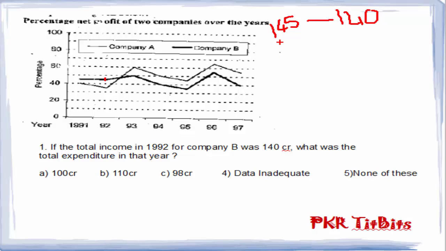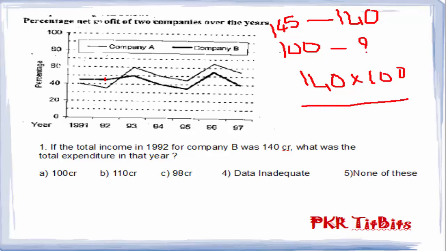We have to calculate the expenditure, which is the 100%. It is a very simple case, like 10 pens cost 20 rupees, what is the cost of 5 pens. By cross multiplication, we get this as 140 into 100 by 145.